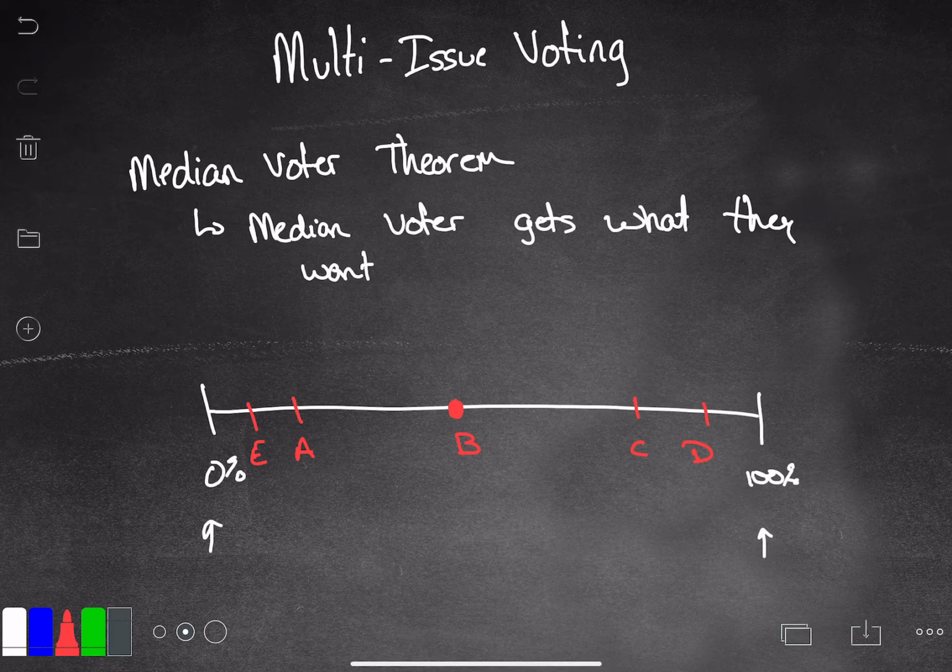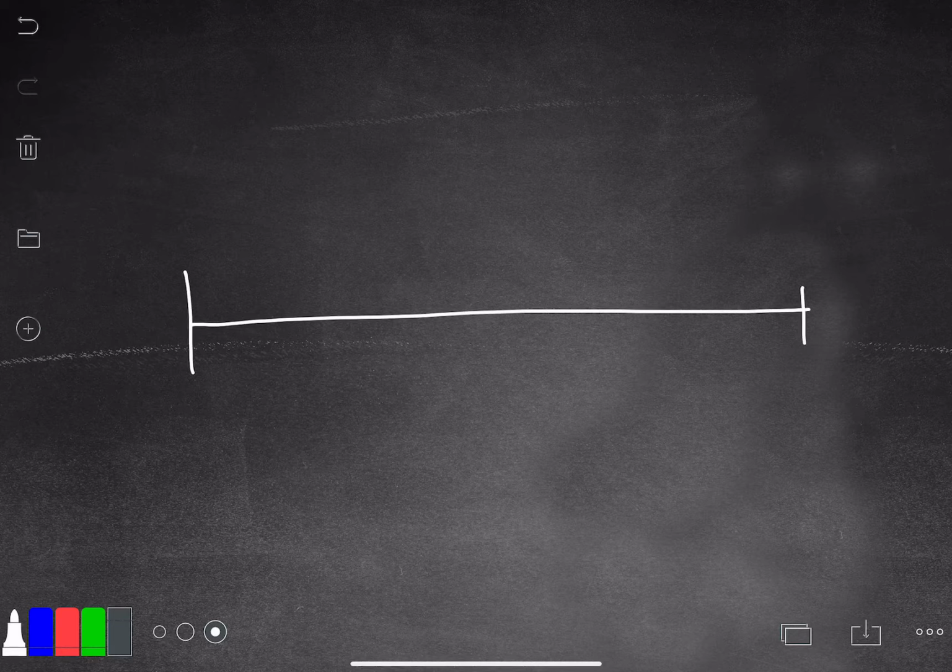And so this median voter theorem became a hallmark of public choice as a way of explaining lots of things. So remember when we talked about how in presidential election cycles, we typically have the entire continuum of people. This could be the very far right, and this could be the very far left, right?